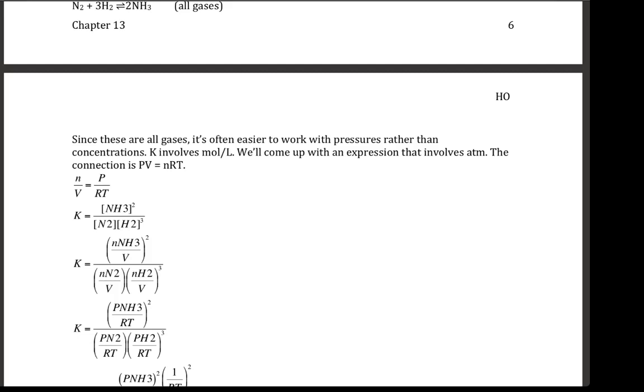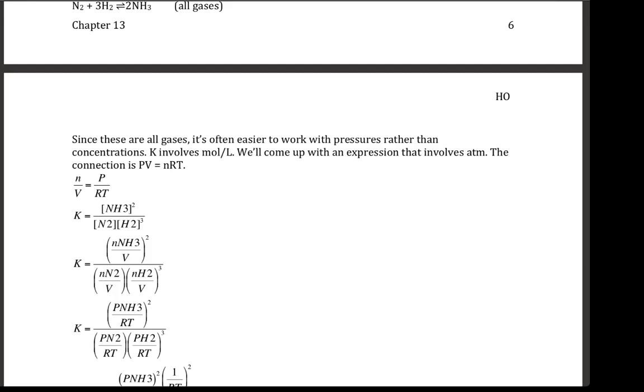So we have N of ammonia over V squared divided by N of nitrogen over V divided by N of hydrogen over V cubed. Notice that the N has to specify the chemicals, so we have N of ammonia, N of nitrogen, N of H2, but the volume is the volume of the flask.